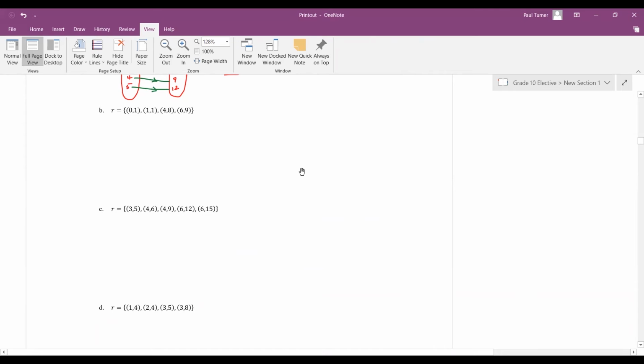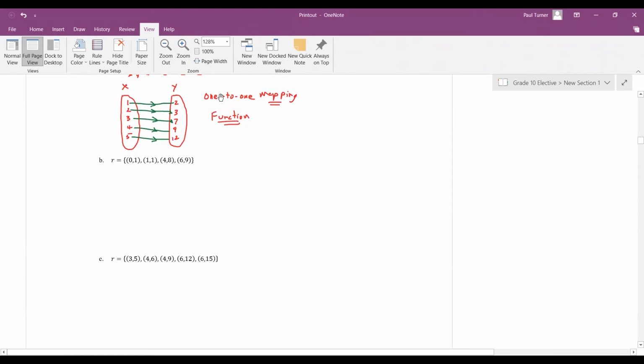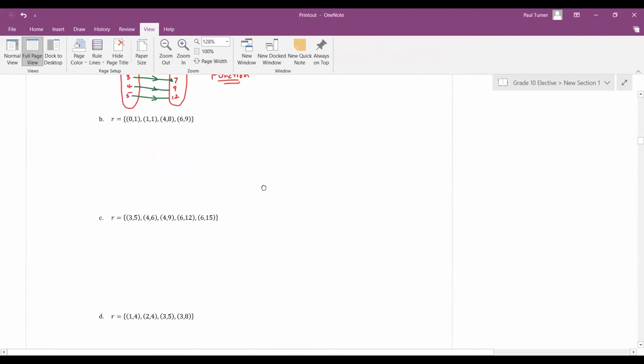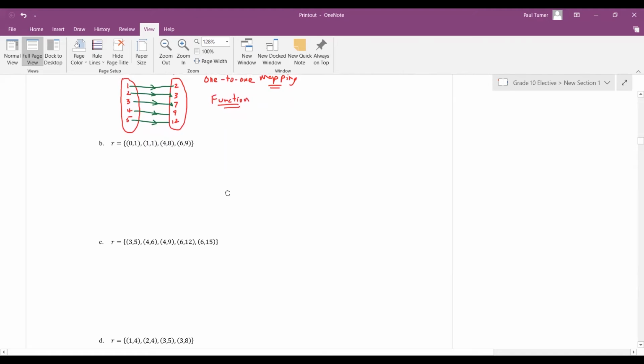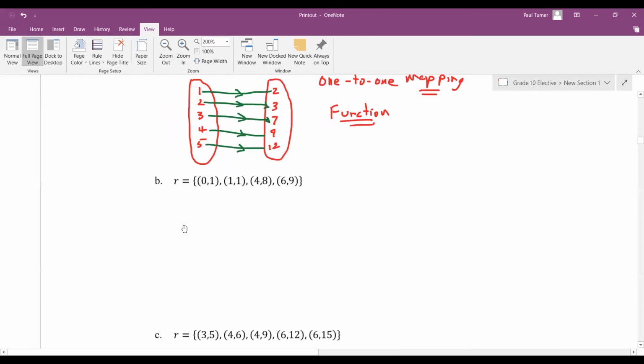So you need the picture, and the kind of mapping and whether it's a function or not a function. All right, that's your job. Okay, get to work for 5 minutes and I'll come back in a minute. Okay, you keep working on that. I'll do question B and you keep working. So I'll just write it out.